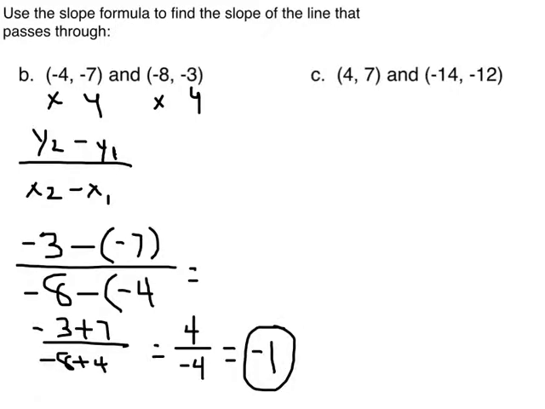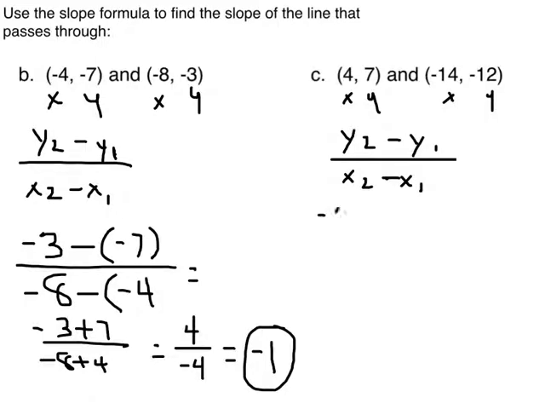So our slope is -1. And then let's do C. We've got x, y, x, y. Our formula is y of the second minus y of the first over x of the second minus x of the first. Let's plug in our numbers. Y of the second is negative 12 minus y of the first, which is 7.